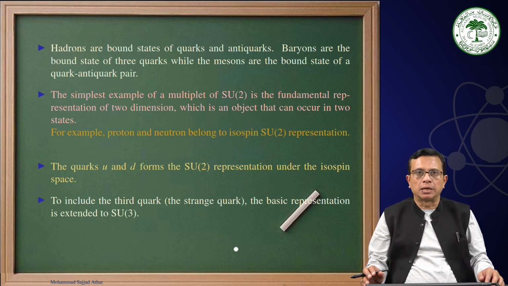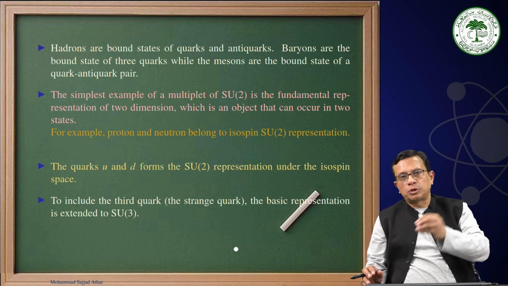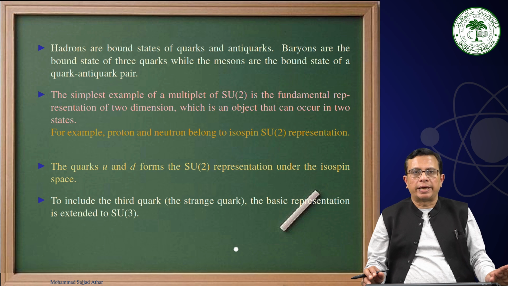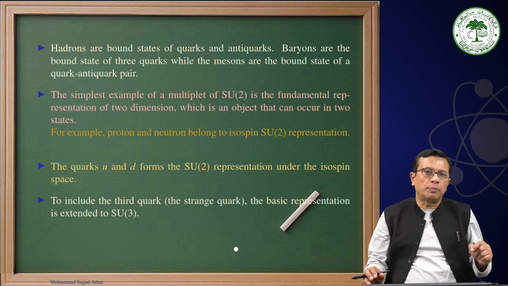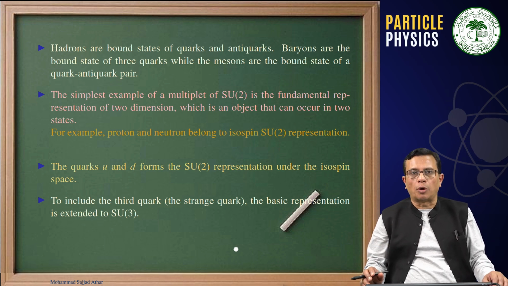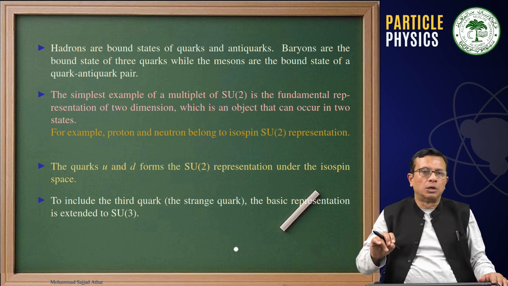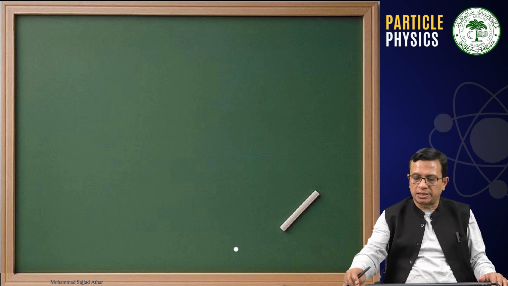If we extend from SU2 to SU3, this can be done by including a strange quark, then SU4 by including a charm quark, and up to SU6 by including the top quark. Here first we are sticking to SU2, U and D quarks, and then SU3 for U, D and S quarks, etc.